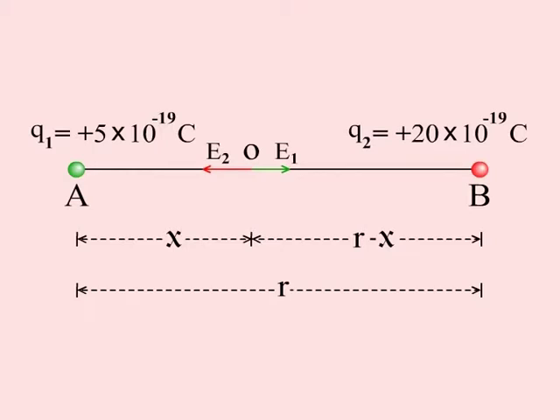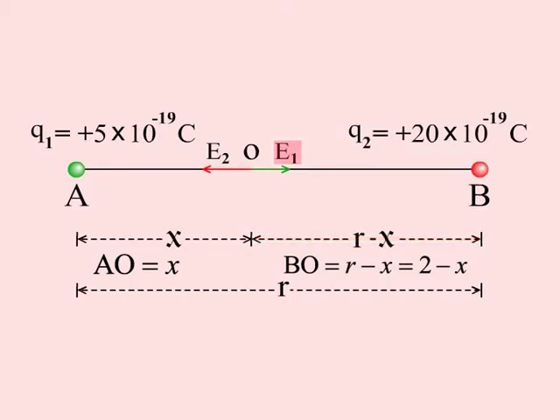Let us consider that the resultant electric field is 0 at point O on the line AB joining the two charges. Let AO be equal to X. Then BO would be equal to R minus X or 2 minus X.